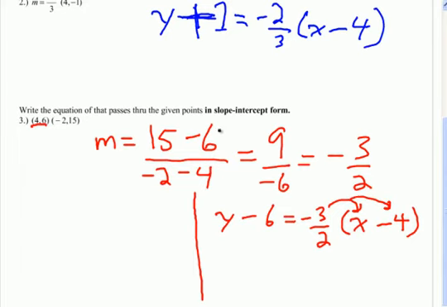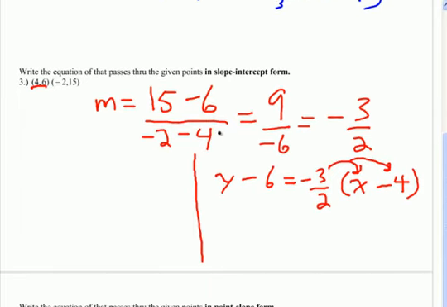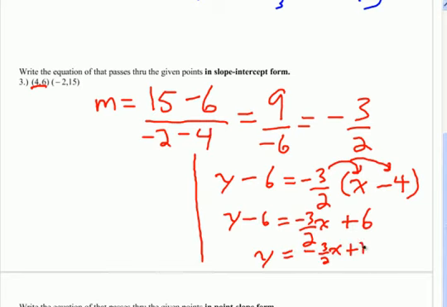I get y minus 6 equals negative 3 over 2 x. Negative 3 over 2 times negative 4 is going to be a positive, 12 over 2, which is 6. Then I'm going to add 6 to both sides and get y equals negative 3 over 2 x plus 12.